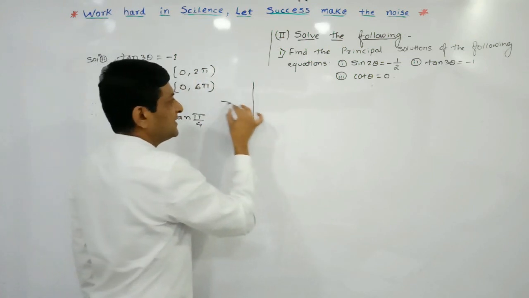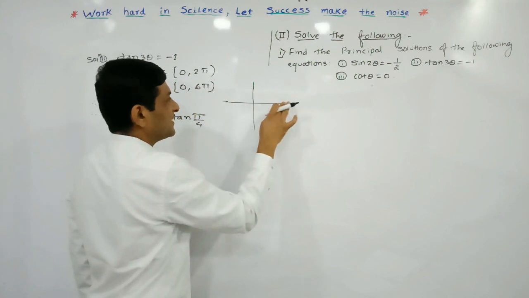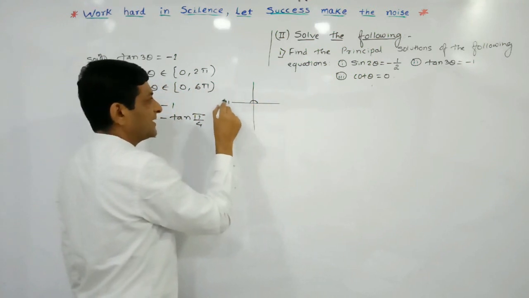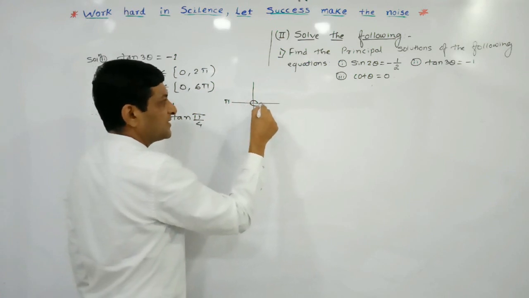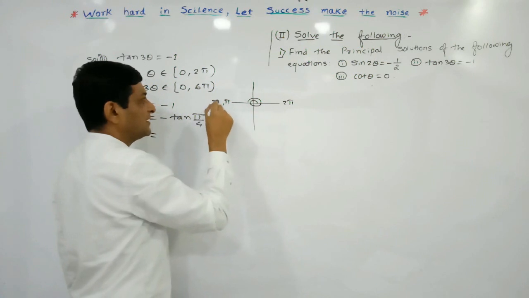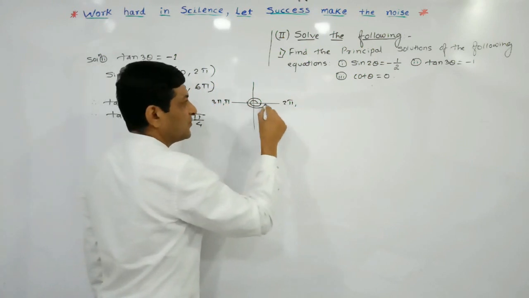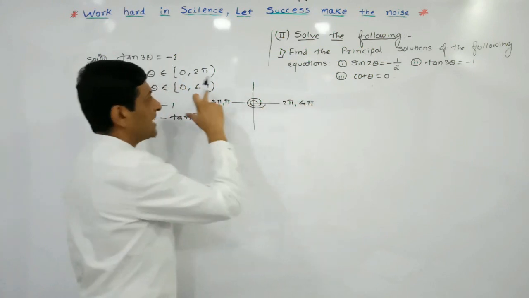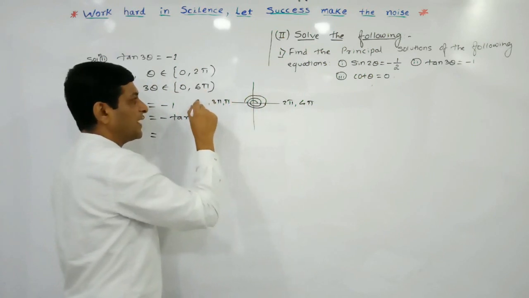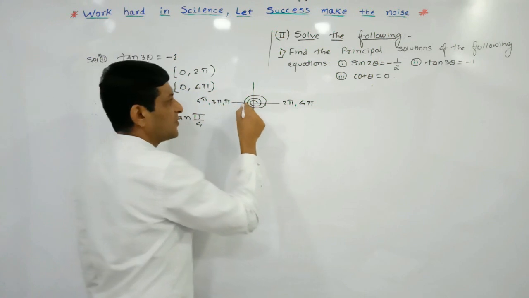Observe the interval very carefully. Here we will get 0 to pi. Then here 2 pi. Again here 3 pi. Here 4 pi. We have to go up to 6 pi. Here we will get 5 pi. And lastly here 6 pi.